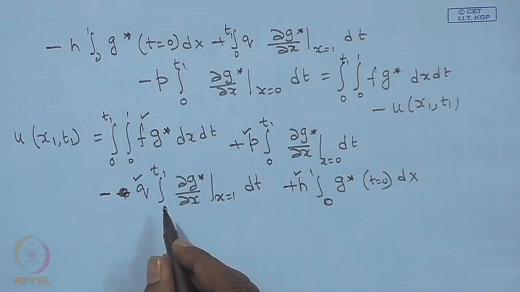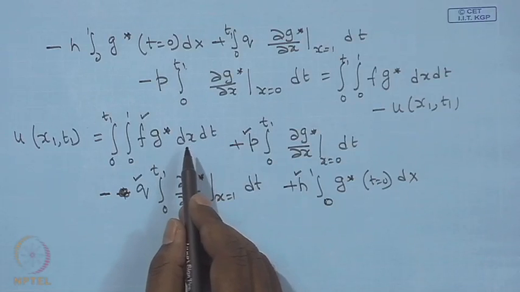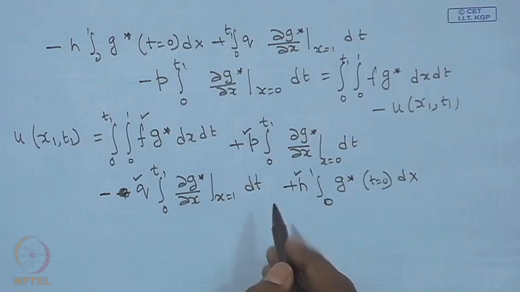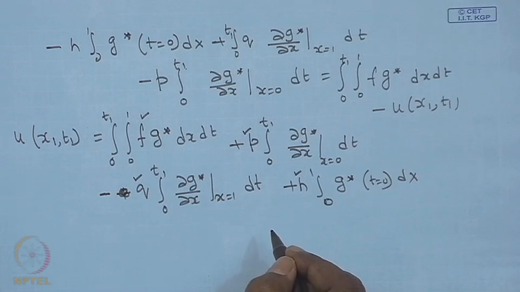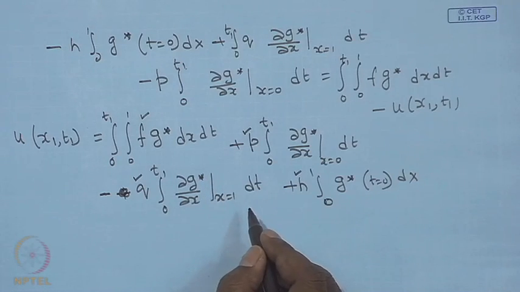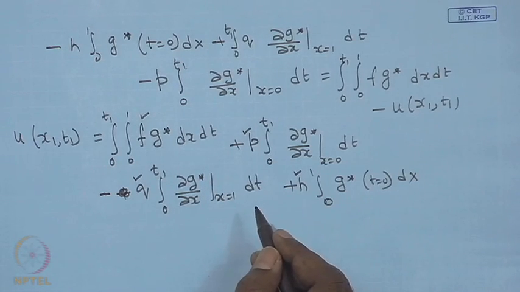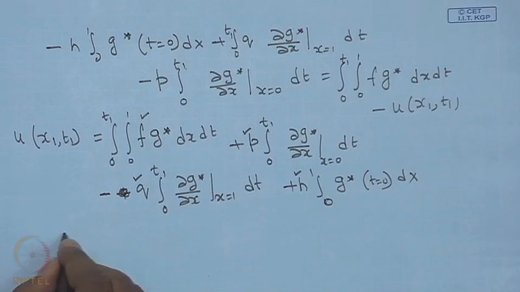Now, there will be 4 integrals I1, I2, I3 and I4. So, what I will do? I will just evaluate these integrals one after another to demonstrate this problem. For demonstration, what you need?